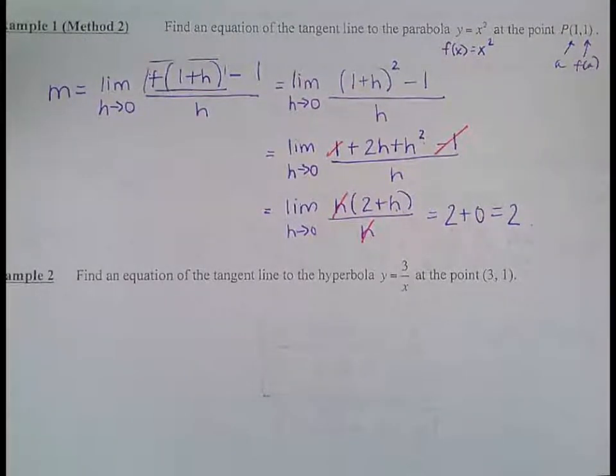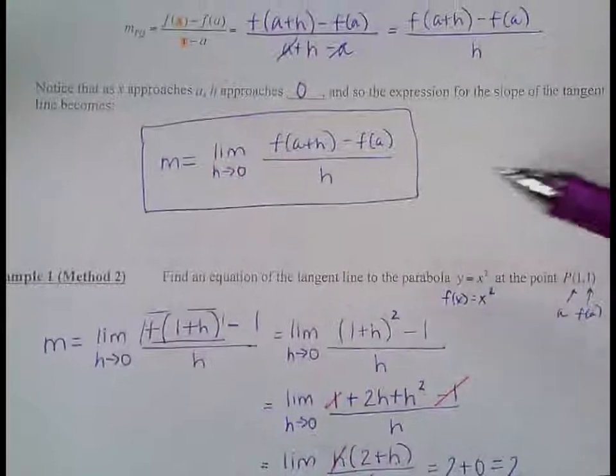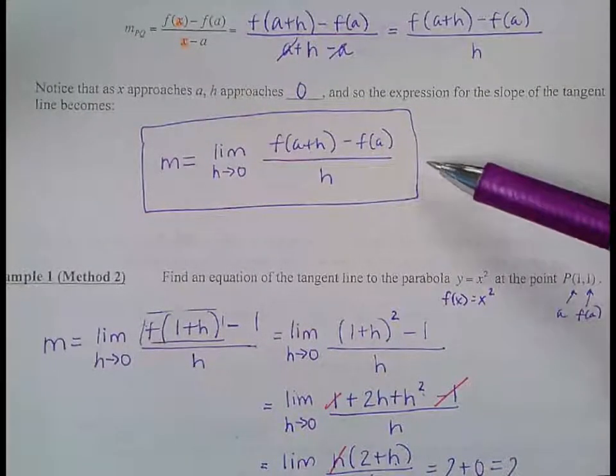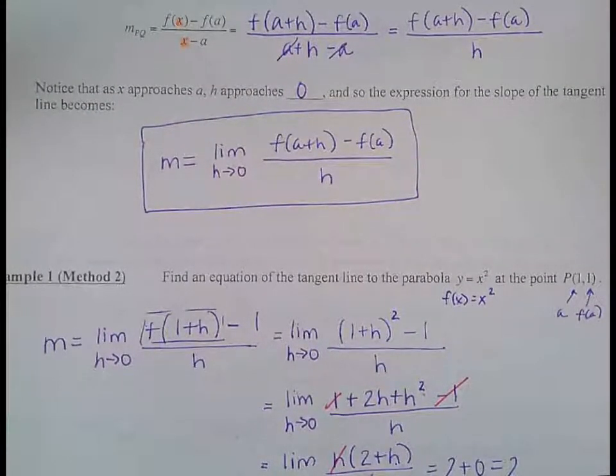Okay, any questions on that limit? What I would recommend, because ultimately if I just ask you to find the slope of a tangent line or find the equation of a tangent line, it doesn't matter to me how you find your slope. It doesn't matter to me which limit you use, this one or the first one. But if you try one and you're not getting it to work out algebraically, try the other one.